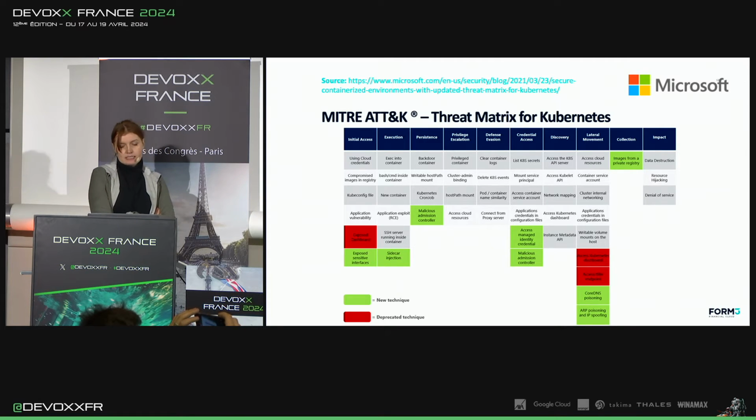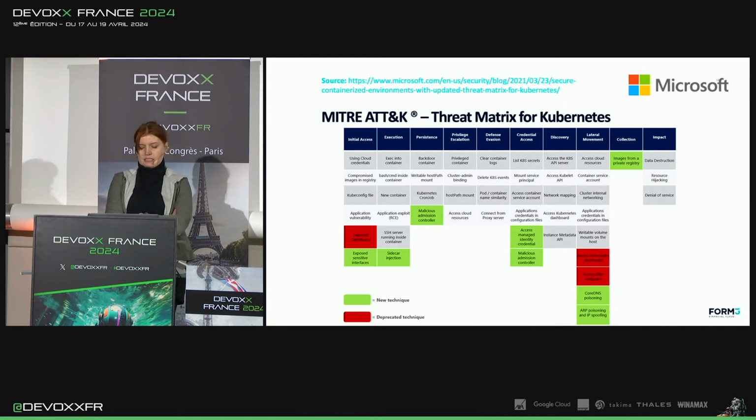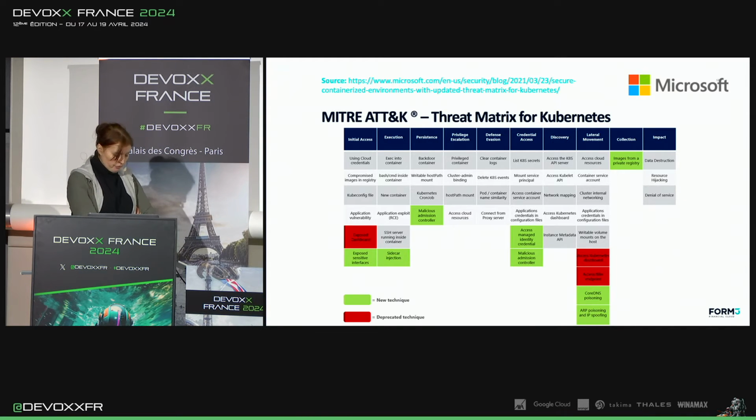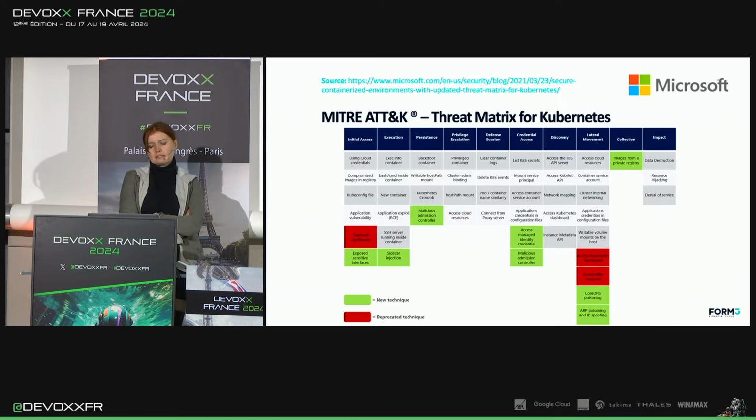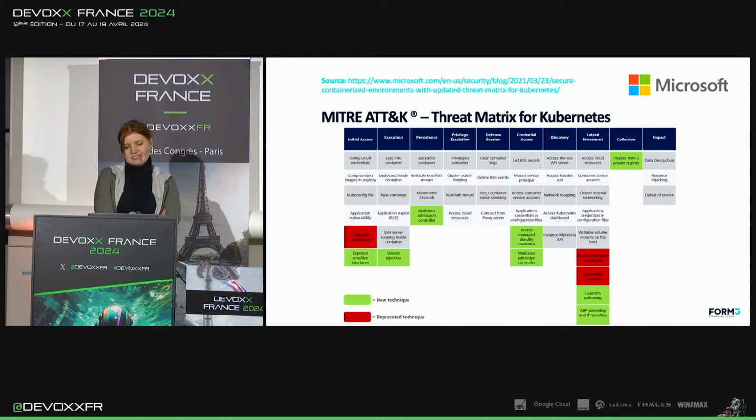Saying that, let's take a look at this threat matrix for Kubernetes. Basically, it follows the MITRE ATT&CK model. This is the de facto standard for threat modeling in the industry for many years.